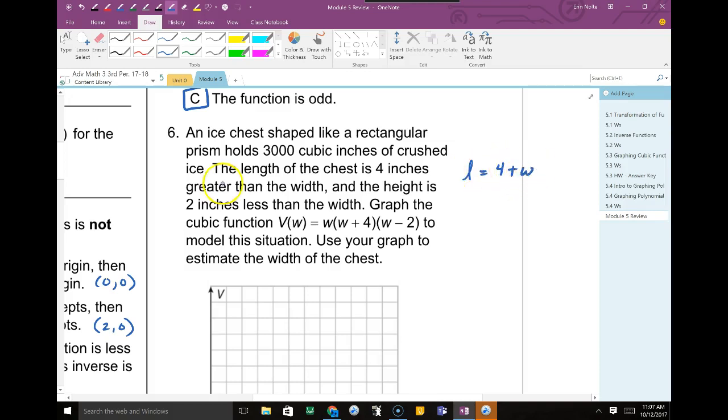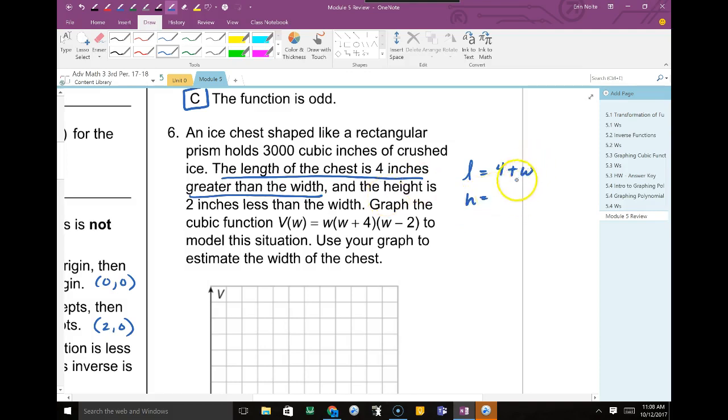You see how I pull that statement straight out? The length is 4 inches greater than the width. Okay, and the height is 2 inches less than the width. So the height is 2 inches less.